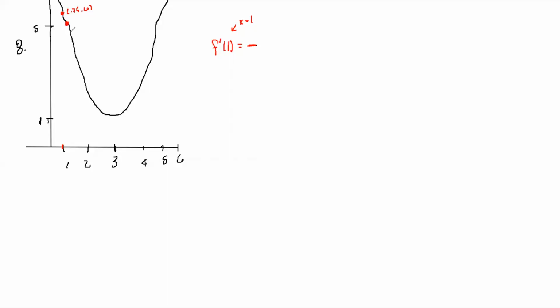And then if I were to go down a little bit, I could have 1.25, 4. So I could say, if I have delta y over delta x, I could estimate that using the graph. This would be an average rate of change, but I could use it to approximate an instantaneous rate of change.